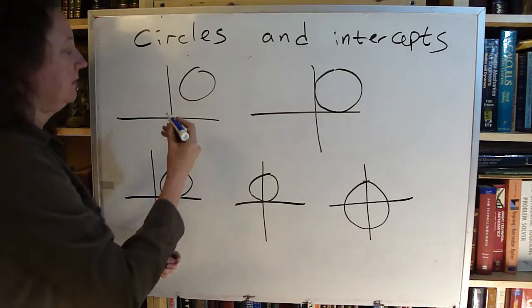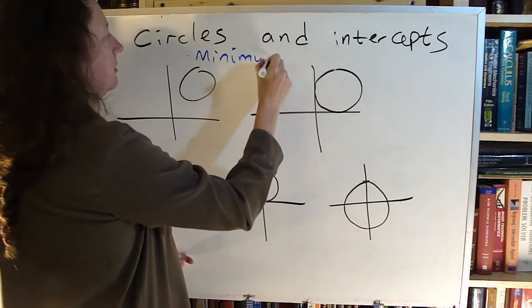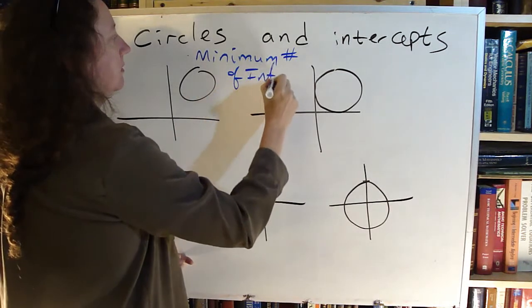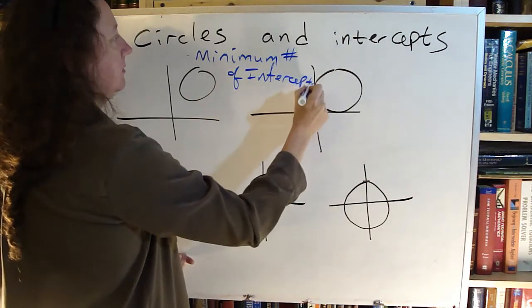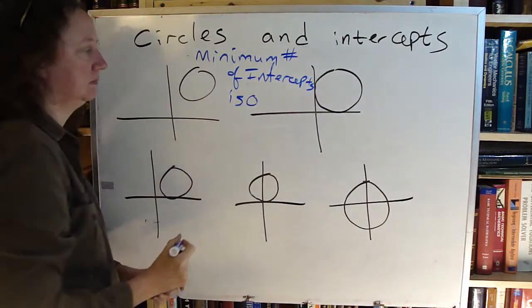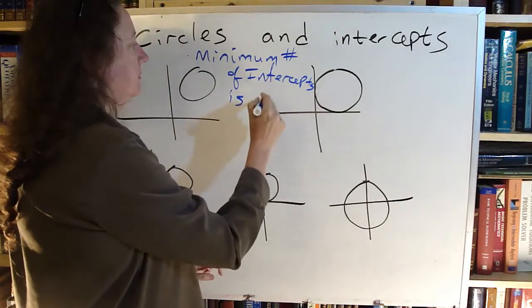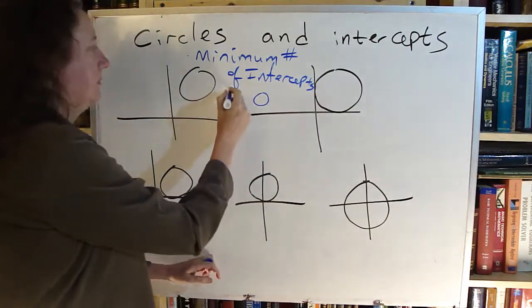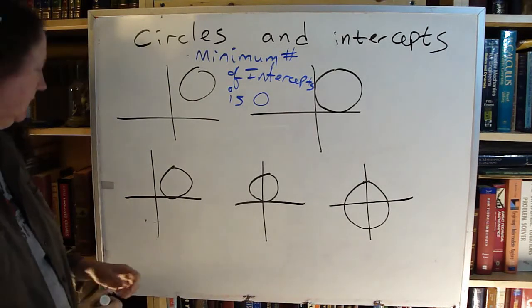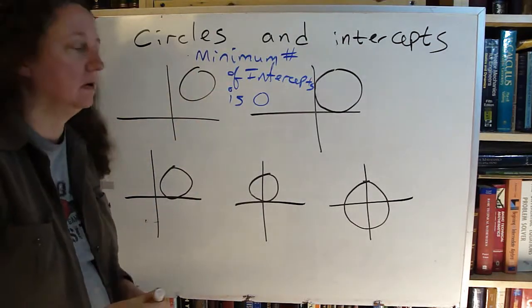Well, the minimum number of intercepts is 0. So that's the minimum. What's the maximum though?